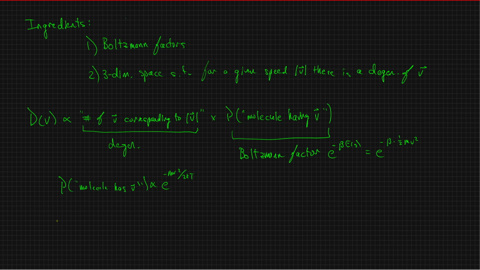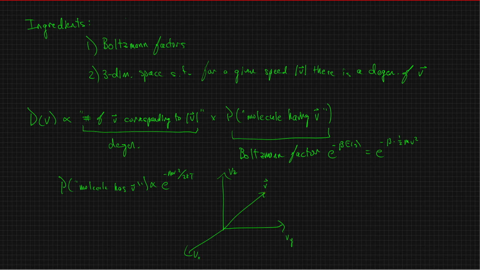Basically, how you can think about this is if you've got some monatomic molecule, a particle with some velocity vector v, and I plot it in three-dimensional space of vx, vy, vz. Let's say it has a velocity vector that looks something like that.